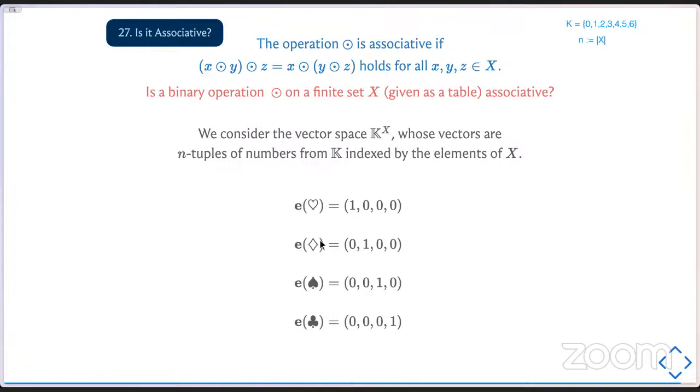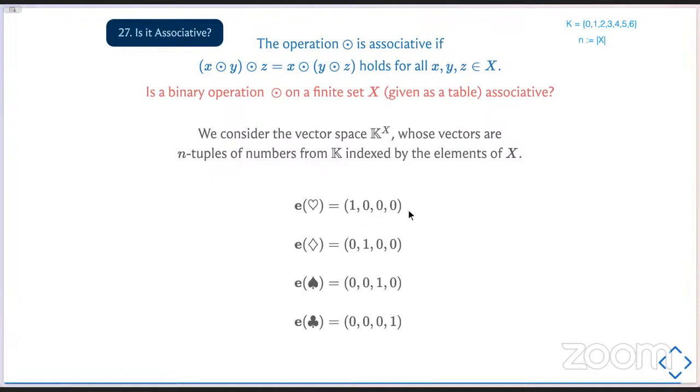So imagine that they're ordered in this fashion. So E of X basically gives you, remember that n was 4, we had 4 elements in X. And so E gives us the mapping to what you might think of as a standard basis in the natural way. So give me a +1 if the definition of E is clear.